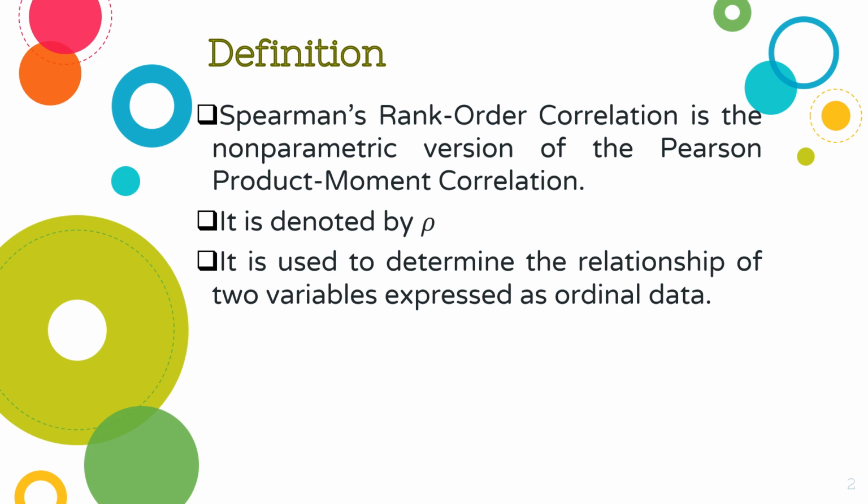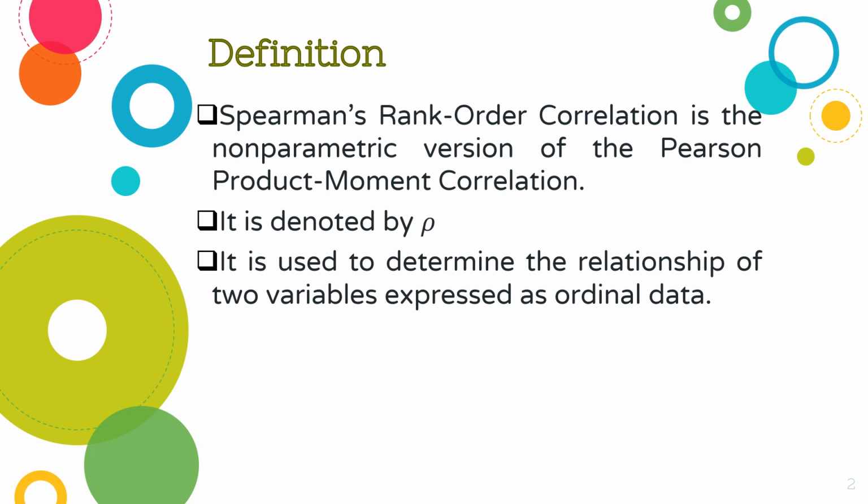So if your variables are ordinal data, we have actually nominal, ordinal, interval, ratio. So these are some basic terms that we need to remember when we talk about statistics. Okay?